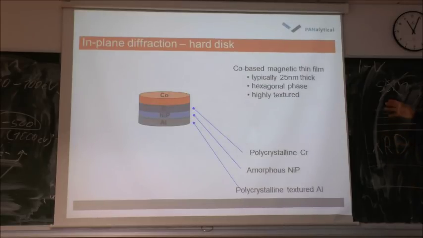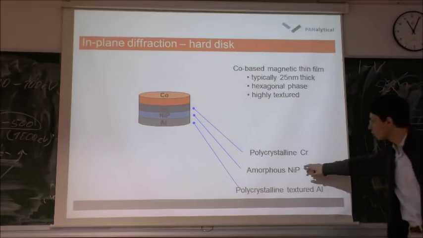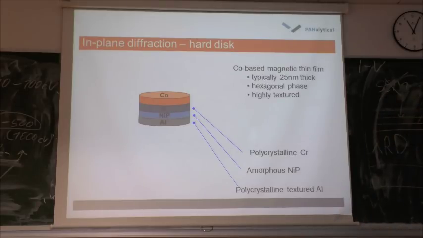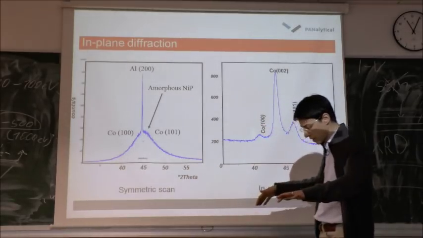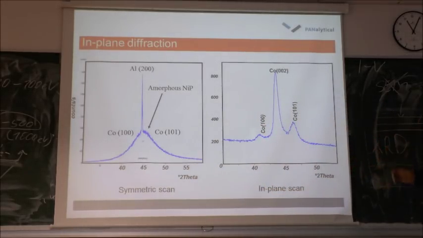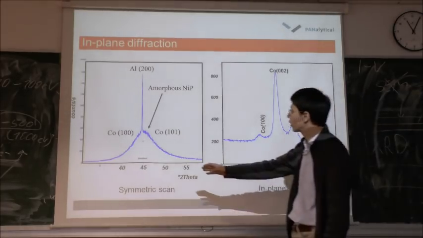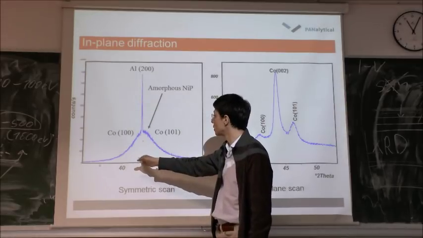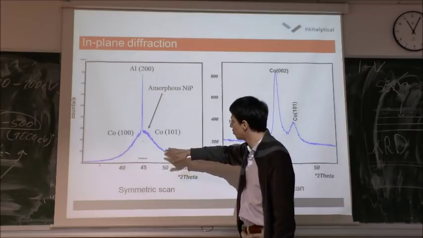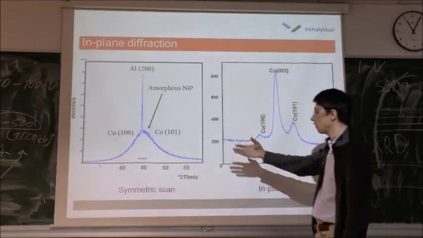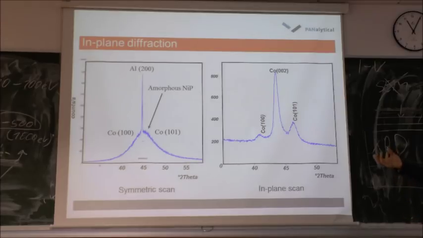Here is an example of a hard disk. You have different materials, copper, chromium, then amorphous material and substrate. This is a symmetrical scan, basically the Bragg-Brentano geometry. What you get is very strong information about the substrate, an amorphous background due to nickel phosphate, and some peaks which are not actually resolved, since these layers are very thin.